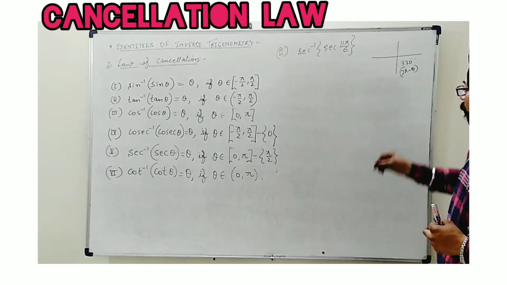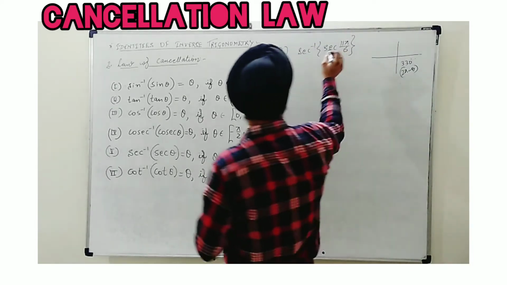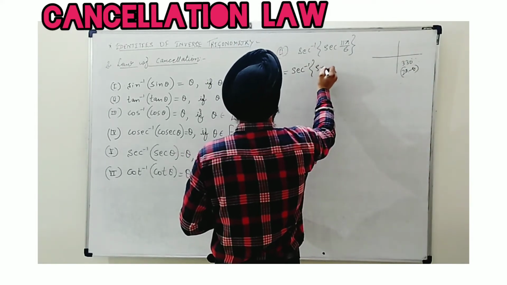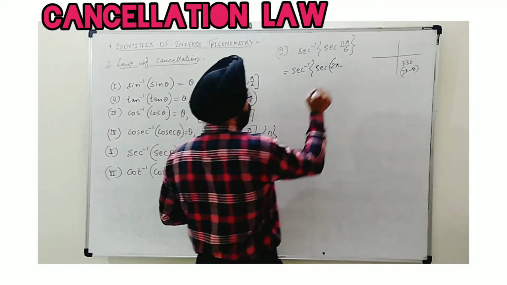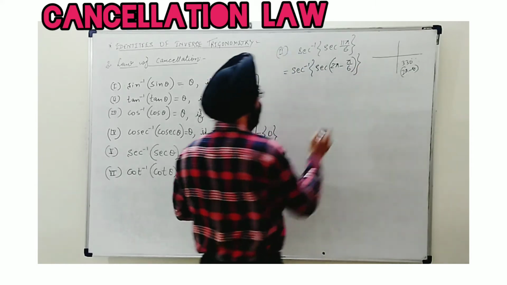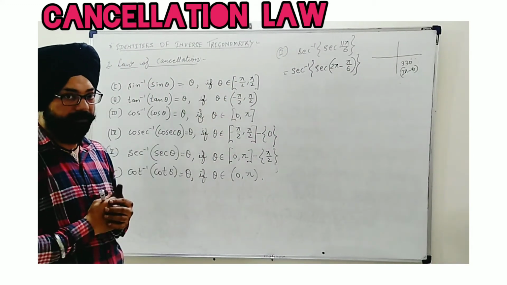So you just check the difference between 360 and 330 degree. First of all we will write this as sec inverse sec(2 pi minus pi by 6), since there is a gap of 30 degree. As in the fourth quadrant, we have done it.